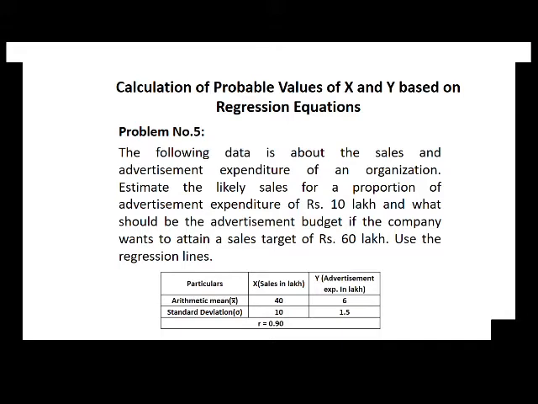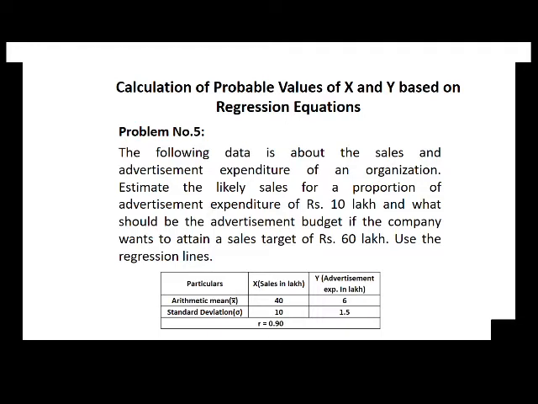The x series represents sales and y represents advertisement. The arithmetic mean of sales is 40, the arithmetic mean of y, that means advertisement, is 6. The standard deviation of sales is 10, the standard deviation of advertisement is 1.5.